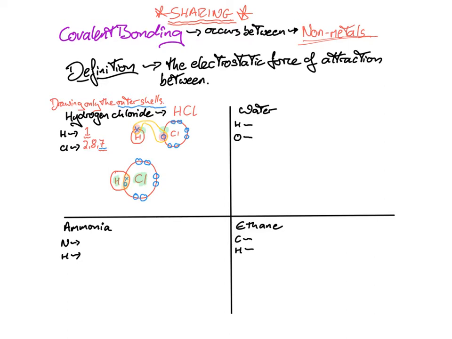Definition of covalent bonding. As with all bonding, it is an electrostatic force of attraction between, or acting between, and what's it acting between now? The shared pair of electrons. That's the bit in yellow in the diagram.